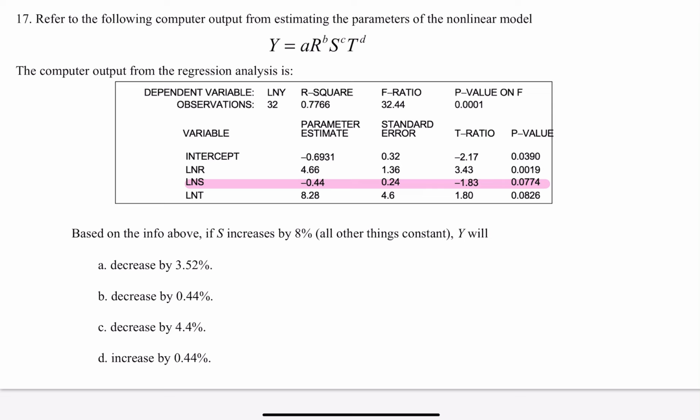Next one, if S increases by 8%, so negative 0.44 times 8 will give us negative 3.52%. So our answer is A.